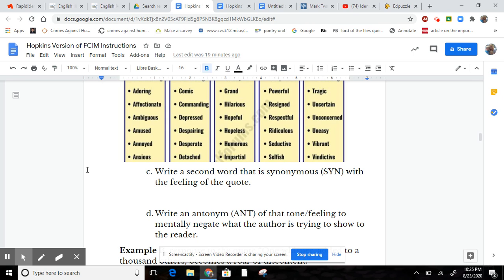And then to negate or to show the opposite of what the author's feeling, you're going to also write an antonym of that tone or feeling to mentally negate what the author's trying to show to the reader. So by adding two words that show the author's feeling towards the subject and then actually looking at what that opposes, you get an even better idea of what the author's trying to do.